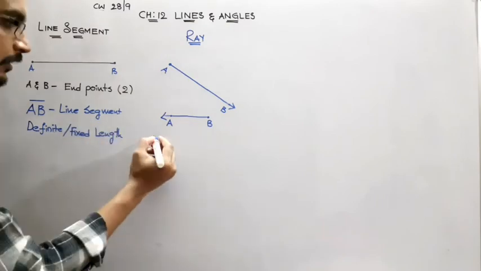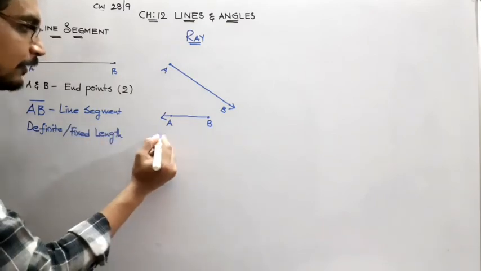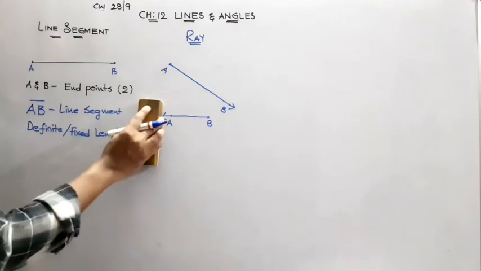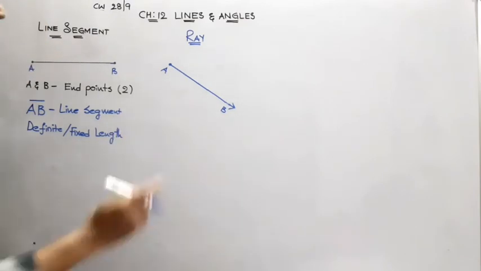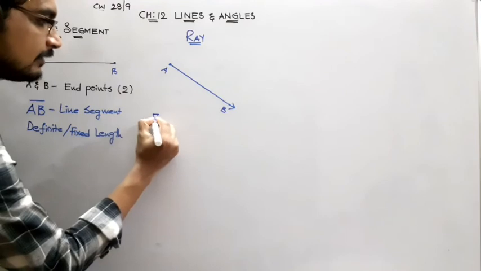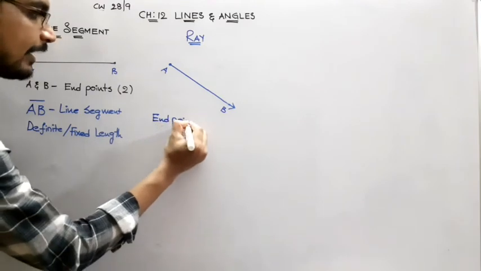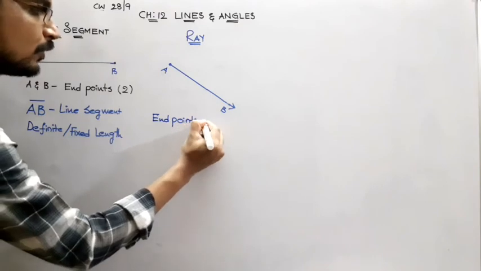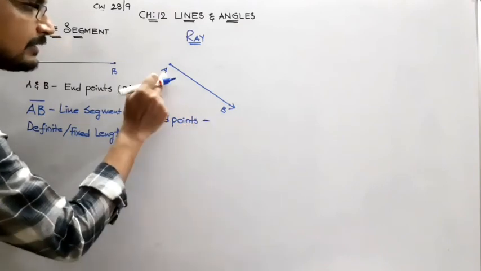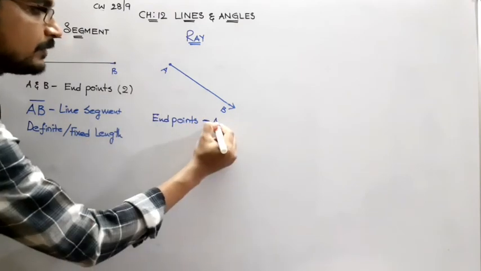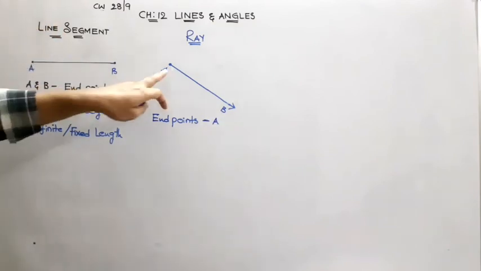So here, how many endpoints are there? Only one endpoint. For example, take the above figure. In the case of a ray, the number of endpoints is equal to one, and here the endpoint is A. Please be careful. Endpoint means fixed.